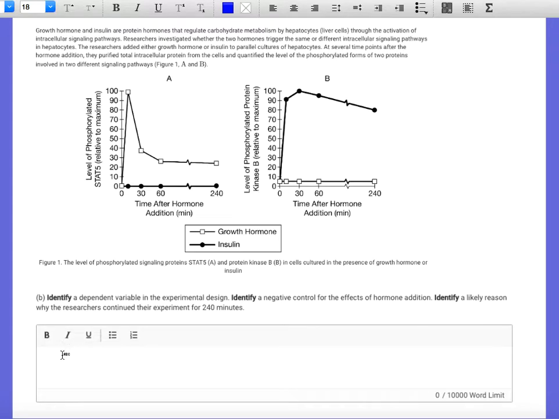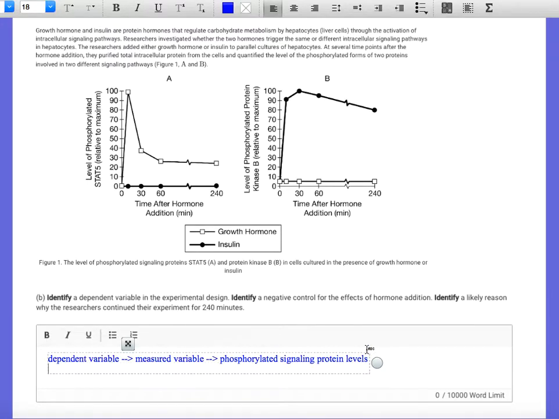So the dependent variable is what they measured. That's the measured variable. And in this case, as we said, that was phosphorylated signaling protein levels. Cool.